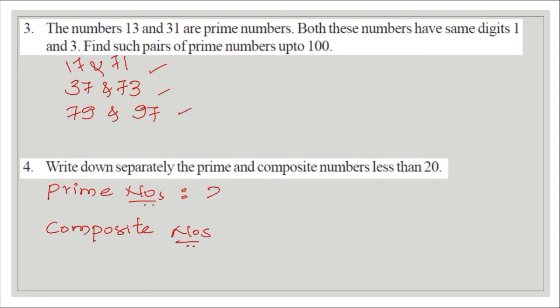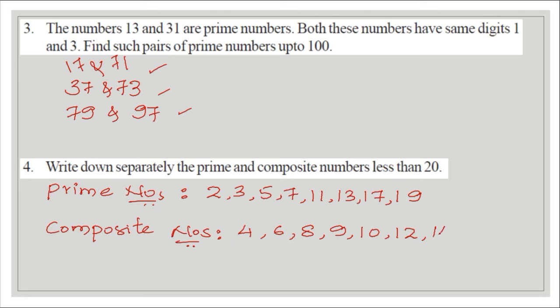The prime numbers are 2, 3, 5, 7, 11, 13, 17 and 19. The composite numbers are 4, 6, 8, 9, 10, 12, 14, 15, 16 and 18.